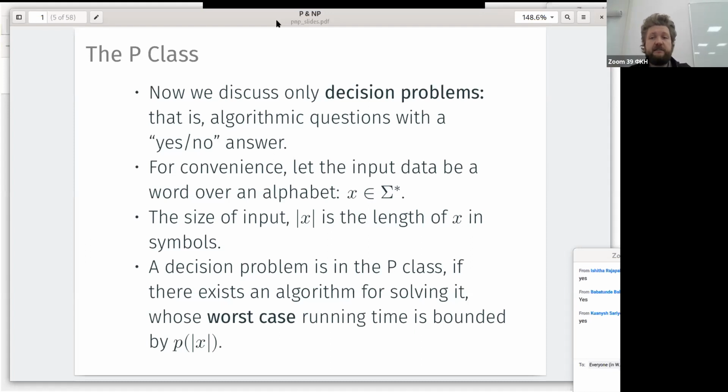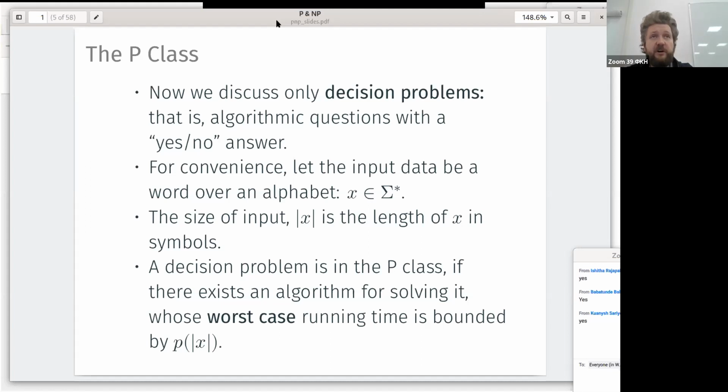So the P class is the class of problems which we consider in a sense tractable, solvable in good, reasonable time. Of course, this is a rough approximation. People could argue that if the polynomial has a very large degree, like 100, then it's not practically implementable.